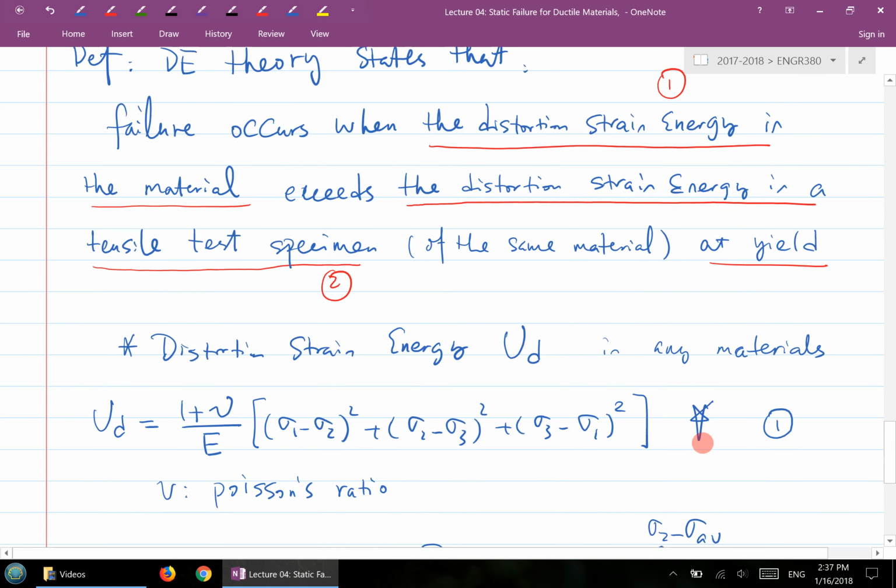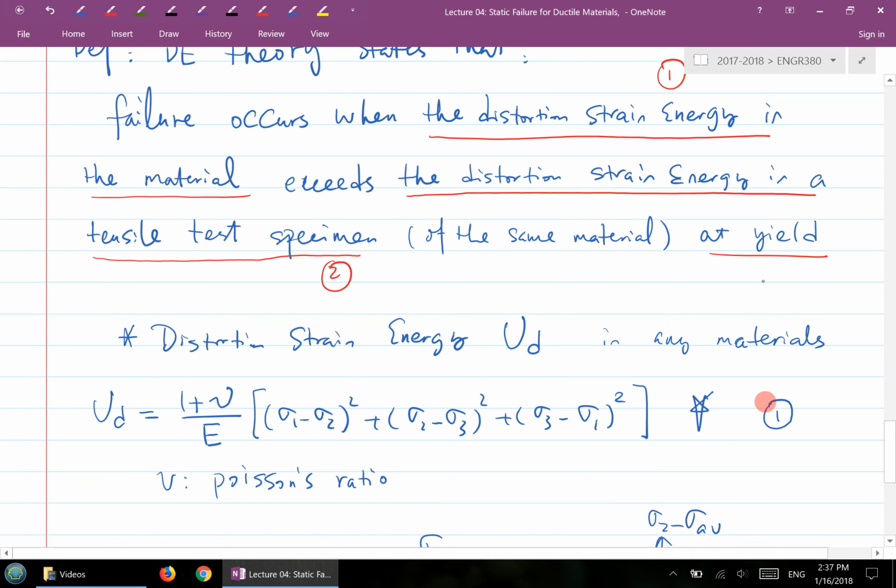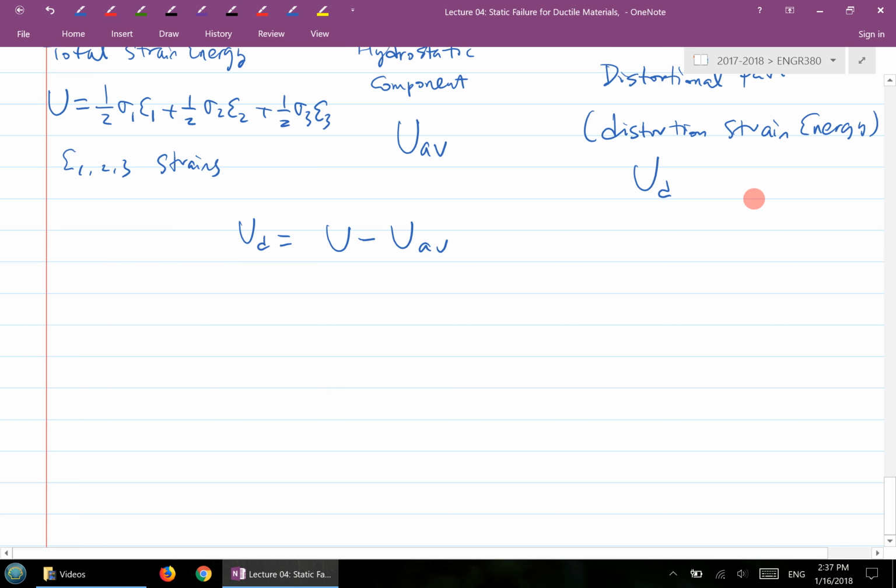And as I said, we do need to compare number 1 with number 2. Number 2 is a special distortion strain energy. Special basically means the strain energy in a tensile test specimen at yield. So let's look at quantity number 2.